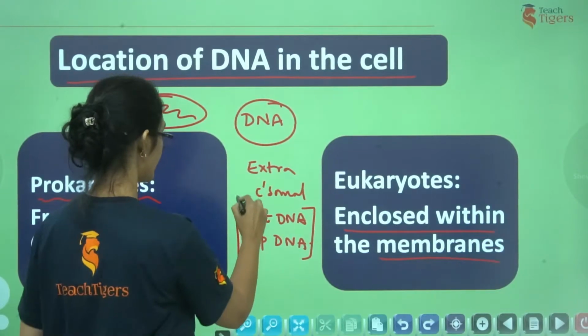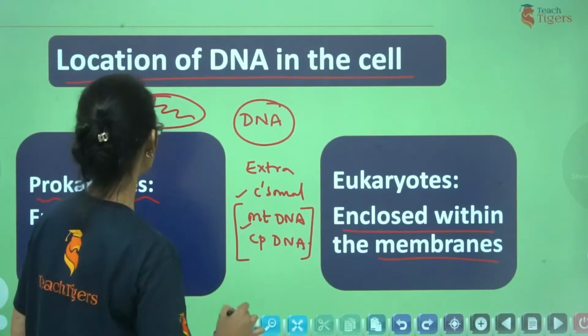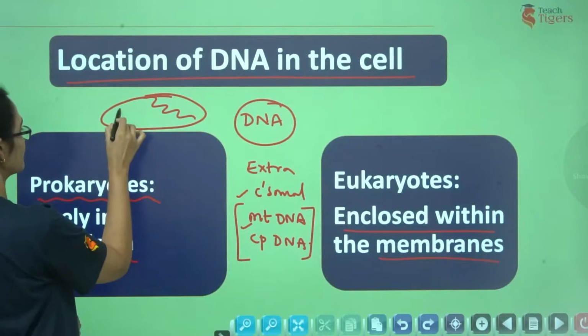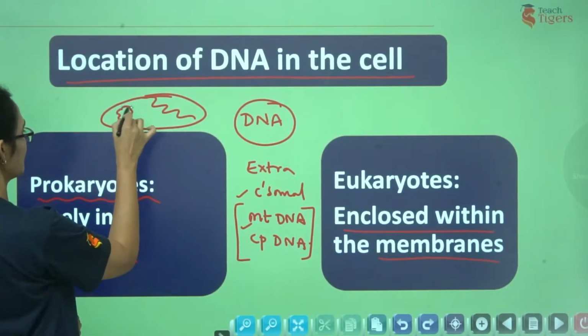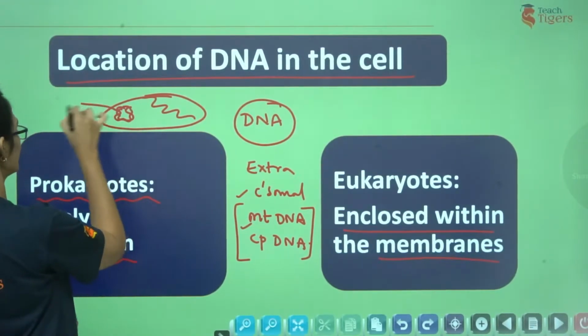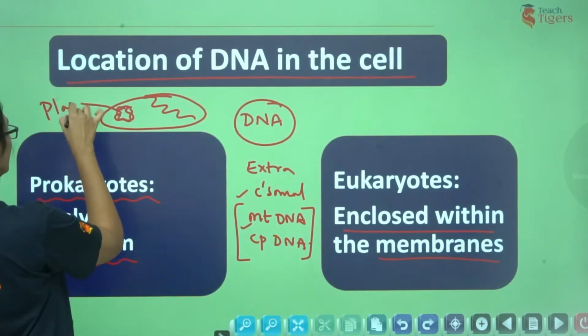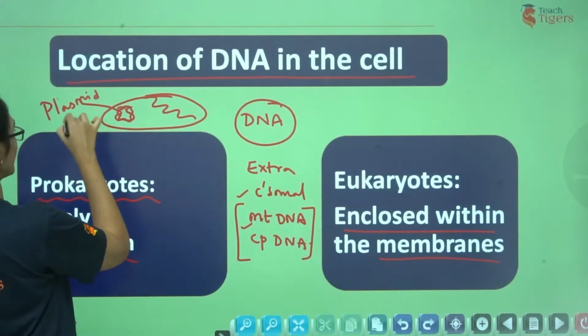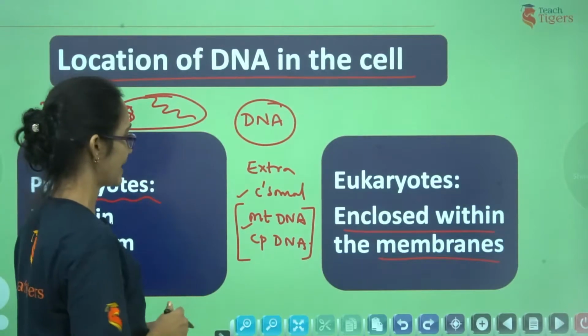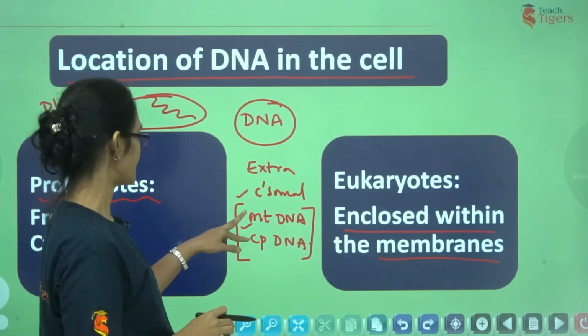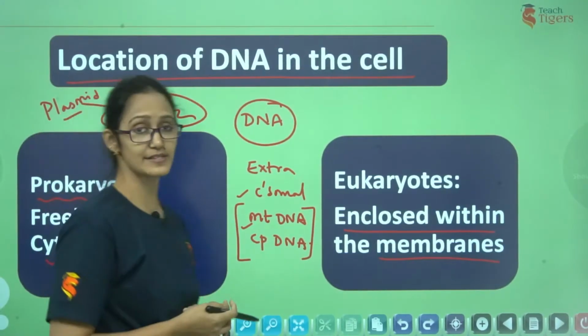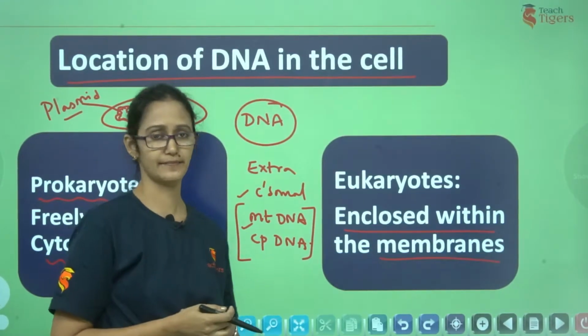It should be mitochondria and chloroplast. Whereas in a bacterial cell, the extra chromosomal DNA will be your plasmid DNA. So for a prokaryotic cell, plasmid DNA is the extra chromosomal DNA, whereas for a eukaryotic cell, mitochondrial and chloroplast DNA is called the extra chromosomal DNA, right?